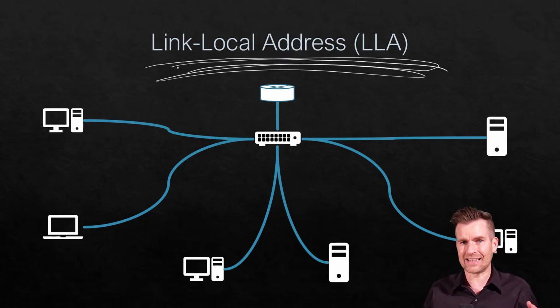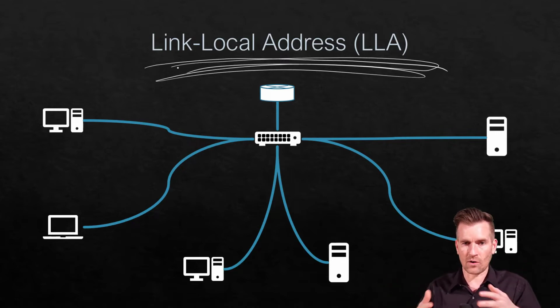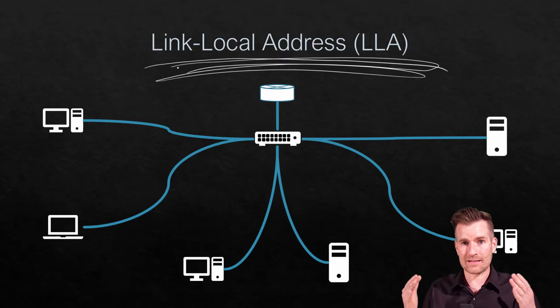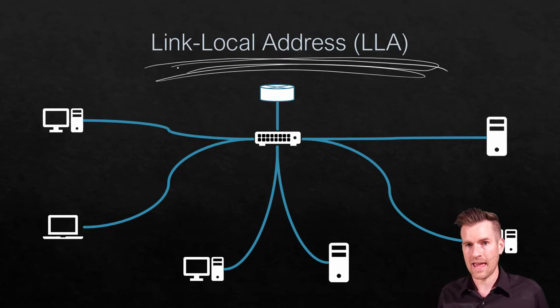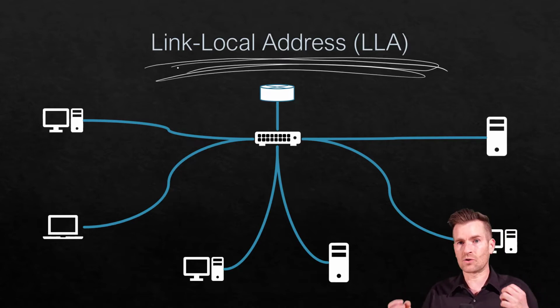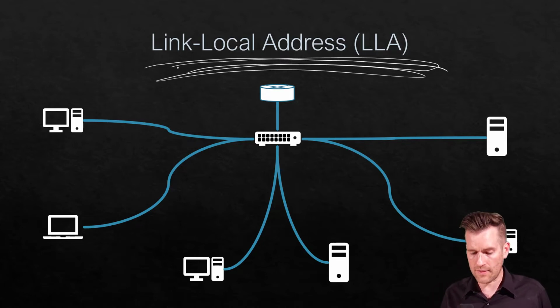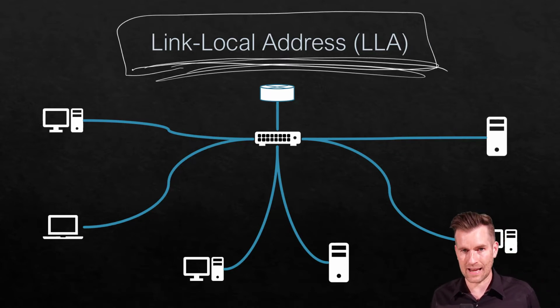But in addition, if it does need information to get outside of that network, to browse the internet, or to reach out to a router or a server to get additional information, it has some built-in mechanisms that do that as well. It uses something called Neighbor Discovery Protocol, or NDP, and it reaches out and grabs some of that information using this protocol. But in order for all of that to work, it has to have this link local address. It needs to be created.